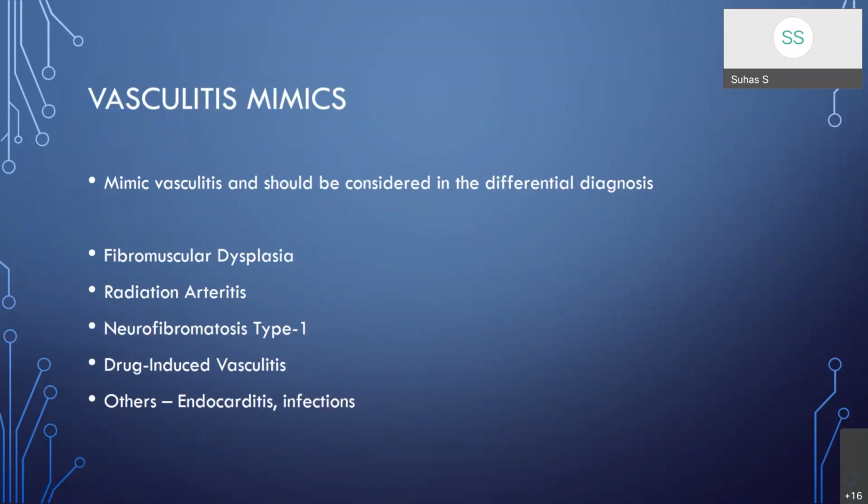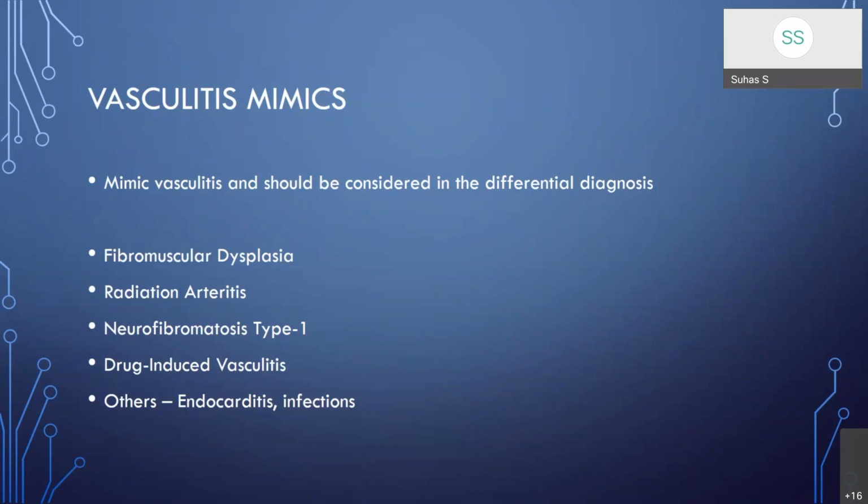We have fibromuscular dysplasia. This usually affects medium arteries in women of childbearing age group, and usually carotid and renal artery will be involved. We have radiation arteritis. Patients typically give history of radiation to the field where the artery is involved, and usually they present as stenosis.